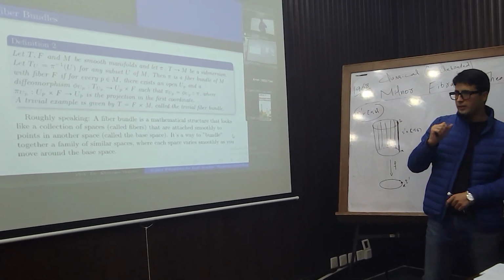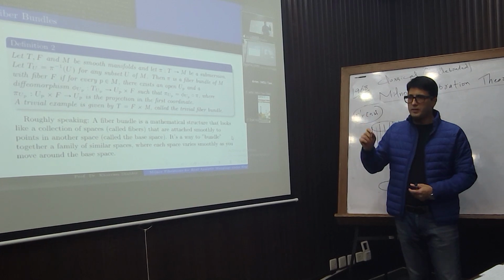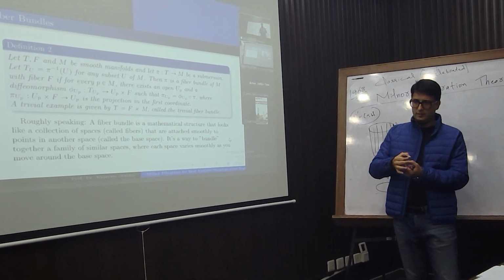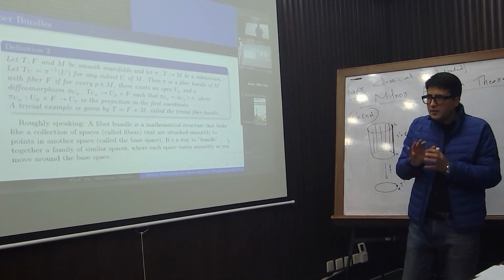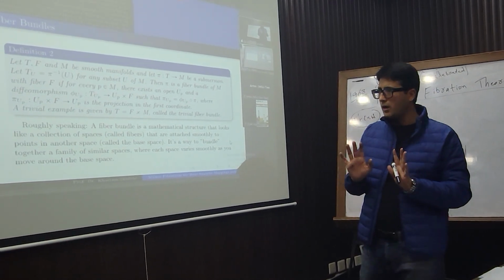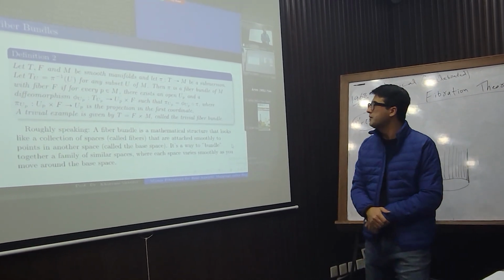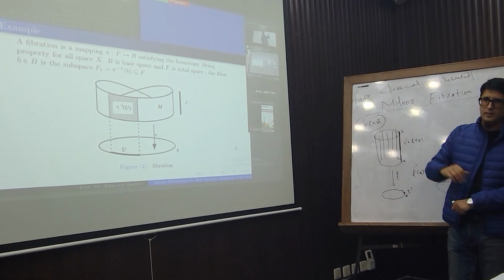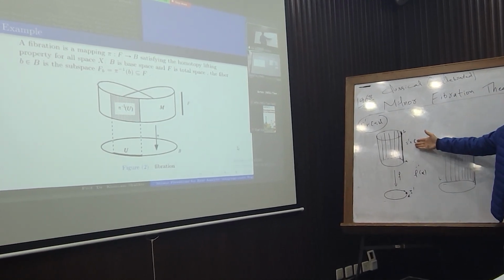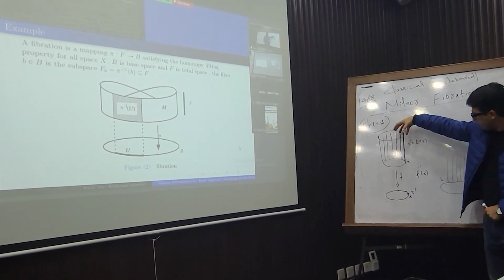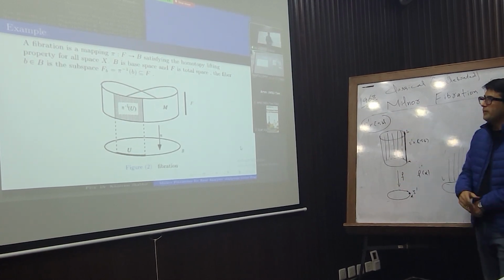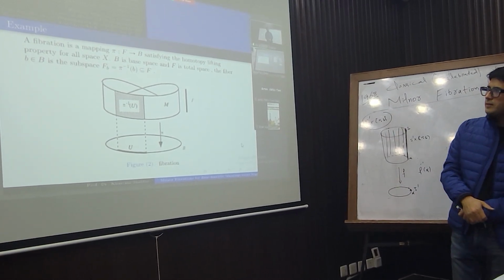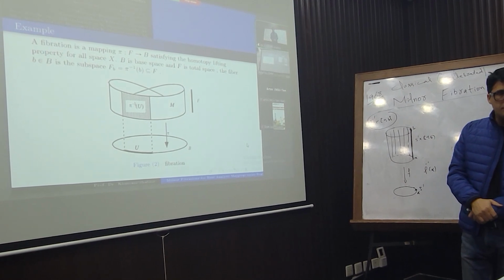Roughly speaking, the fiber bundle means you can write the space locally as a product space, right? There is no singularity, there is nothing unusual there. Next. Here you can see one example is the projection of the tube on the circle, and the other example is this Mobius band.